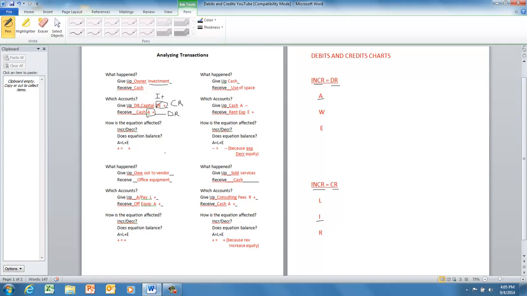Now on your transaction sheets, on the new modified ones, instead of saying does the equation balance and having an A equals L plus E where you put pluses and minuses, we're not going to do that anymore. It does say instead, do the debits equal the credits?